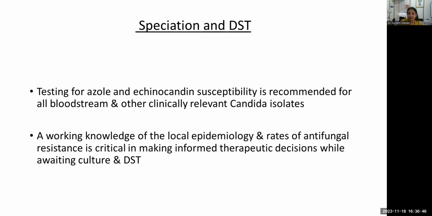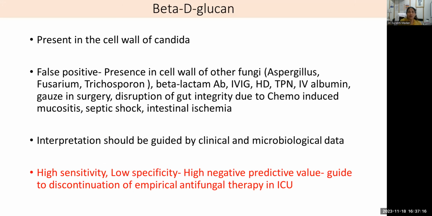And therefore, speciation and drug sensitivity testing is equally important, because there may be differences in the susceptibility patterns depending on the species, and you may have higher MICs in your setups. So it's very important in this era to speciate and check the fluconazole and echinocandin sensitivity at least.